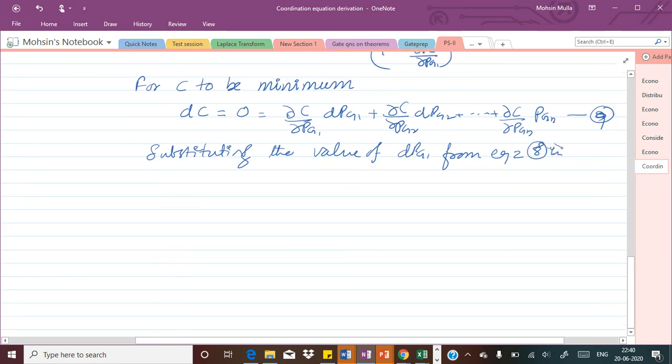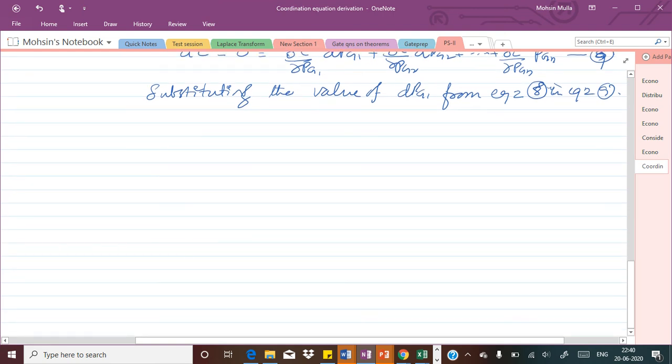Okay, so in equation 9 we are going to substitute for that dPg1. So let me write here what we're going to get from this: ∂C divided by ∂Pg1, so the dPg1 is minus 1 minus ∂Pg1 whole divided by 1 minus ∂PL by ∂Pg1.